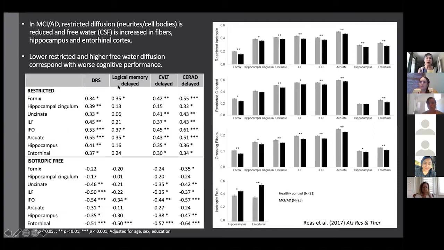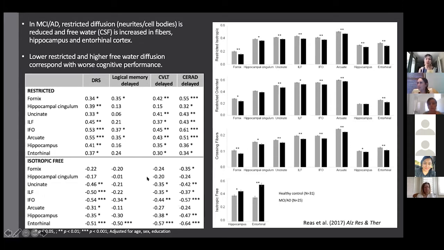In addition, we wanted to see if there was a relationship with cognitive performance and brain microstructure. And I know this is a lot of data here, but this is simply showing Pearson's correlations between restricted diffusion in this top panel, isotropic diffusion in this bottom panel, and performance on various tests: the dementia rating scale, which is just a measure of dementia severity, and then 3 measures of delayed memory.